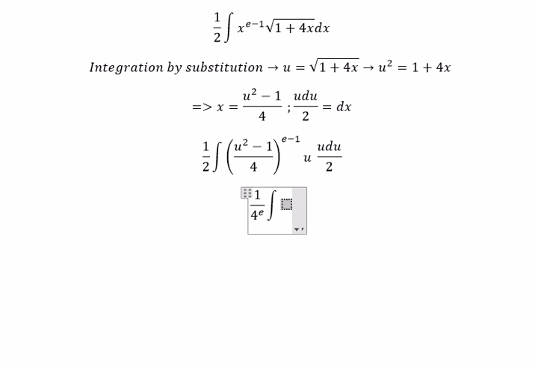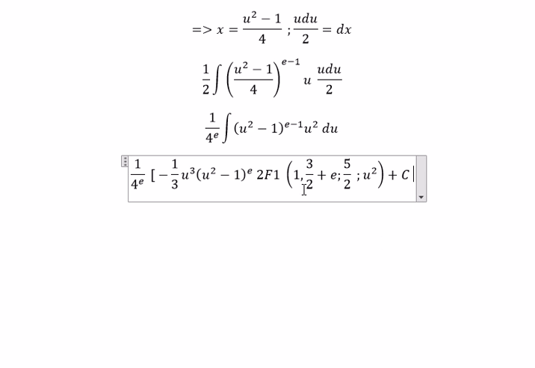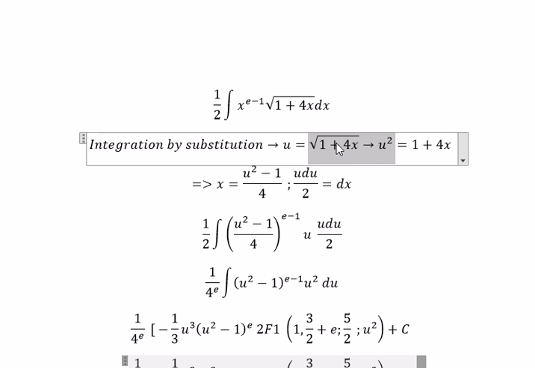And now we just have u squared minus 1 to the power of e minus 1, and we have u squared du. So we will apply a hypergeometric function for this one.